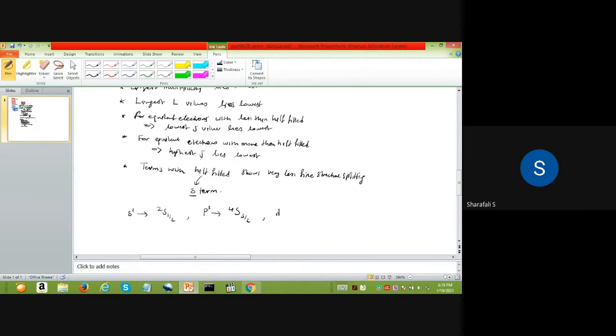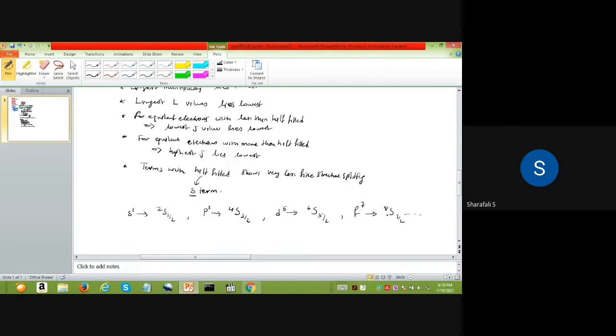The other one, D5, will have 6S 5/2. And if you consider F with 7, that will have the spectral term 8S 7/2, and so on.